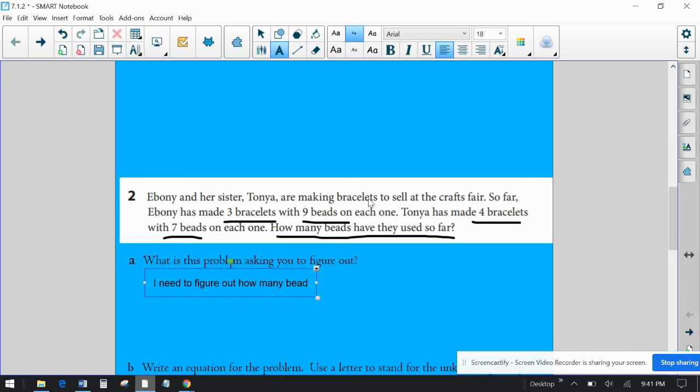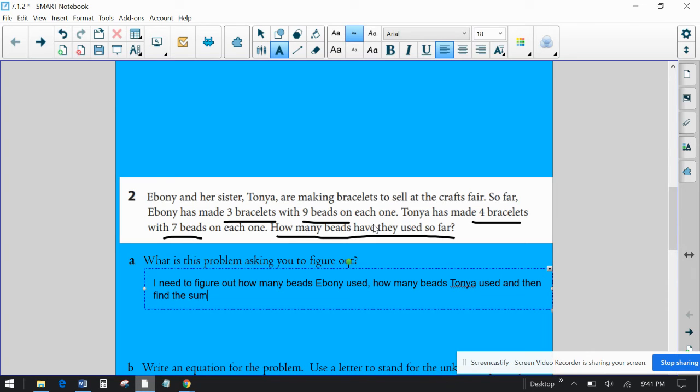So how many beads Ebony used? How many beads Tanya used? And then the last step, this is a triple. 3 times 9, 4 times 7, and then find the sum.